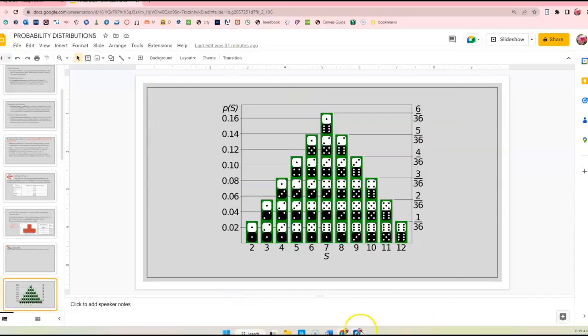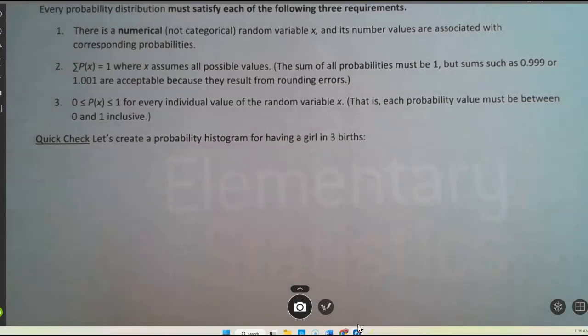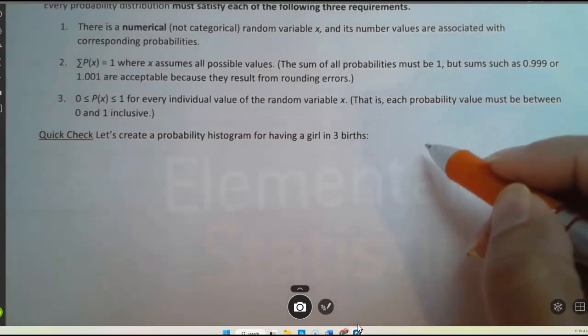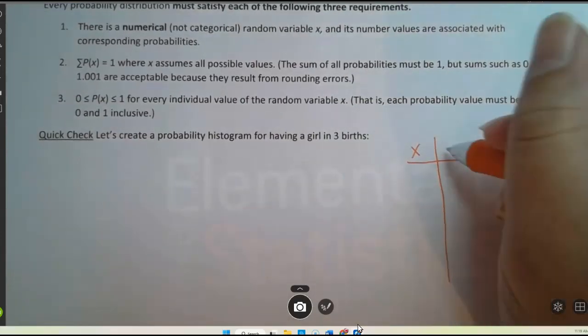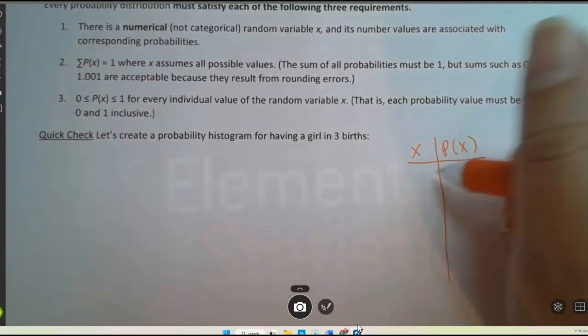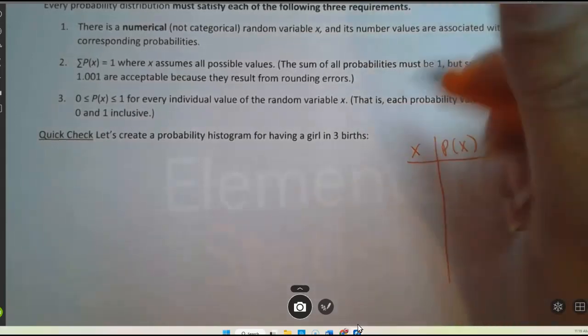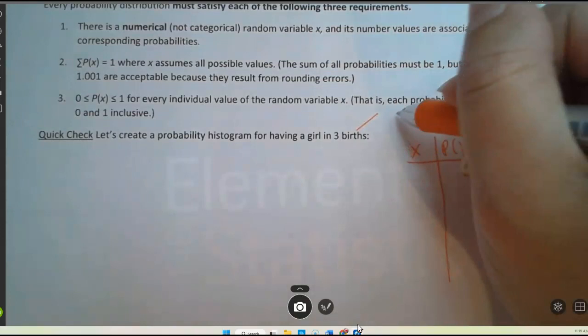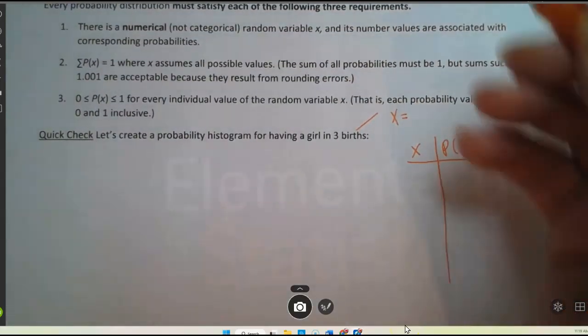So when you consider a probability histogram, what happens first is the table. And when I look at the table, what hopefully you've gotten from this video so far is that the first column represents the number of something. And in this case, it's the number of girls in a family of 3 siblings or children.